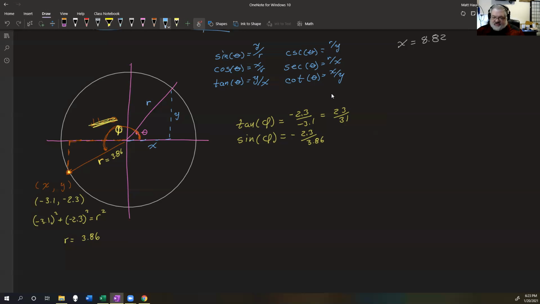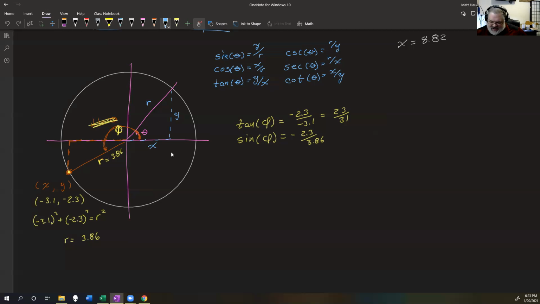This is our most general definition for our circular trigonometric functions. But there is actually a modified version of this definition that we will tend to use somewhat more often.